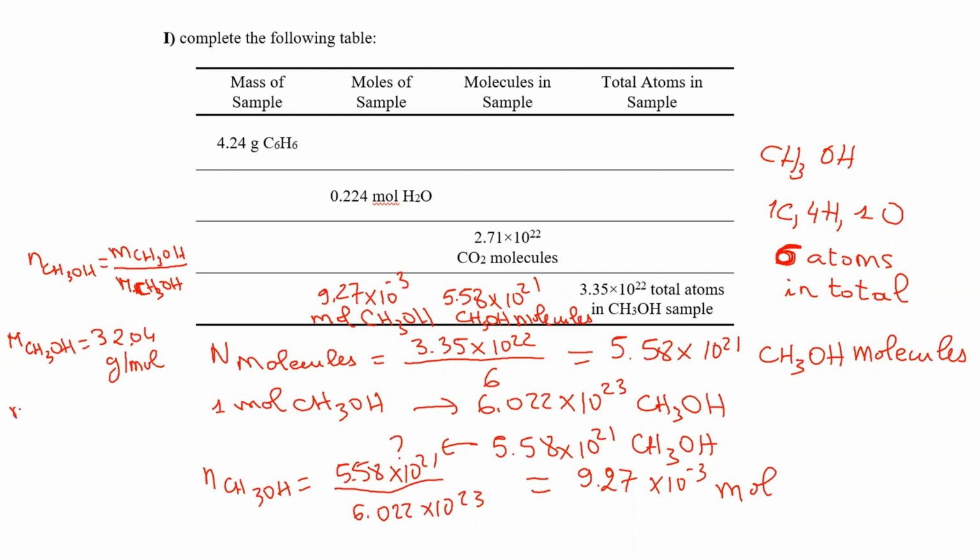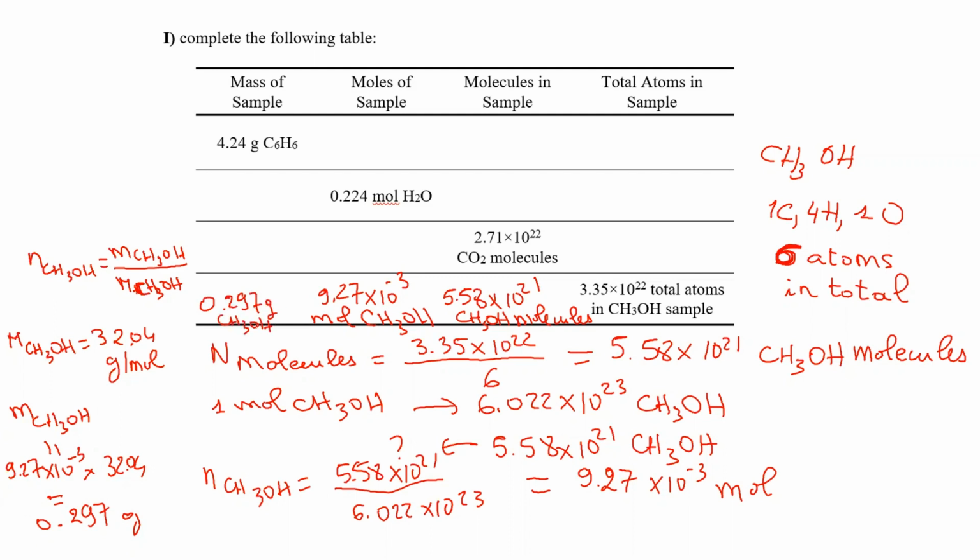So the mass corresponding to 9.27 times 10 to the power minus 3 mole of methanol is 9.27 times 10 to the power minus 3 times 32.04, which is equal to 0.297 grams, with 3 significant figures. So here we have 0.297 gram of methanol.